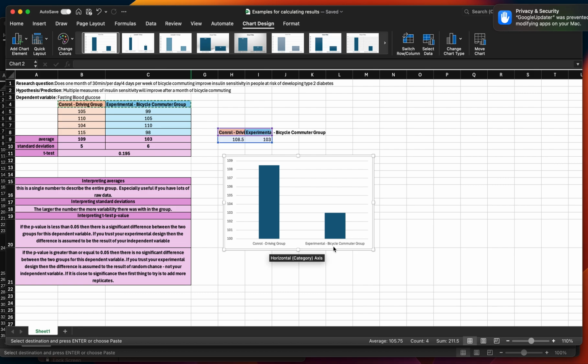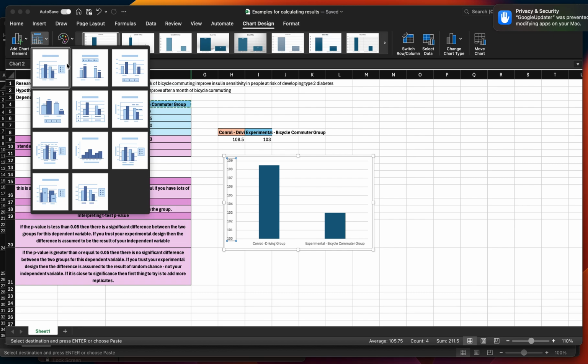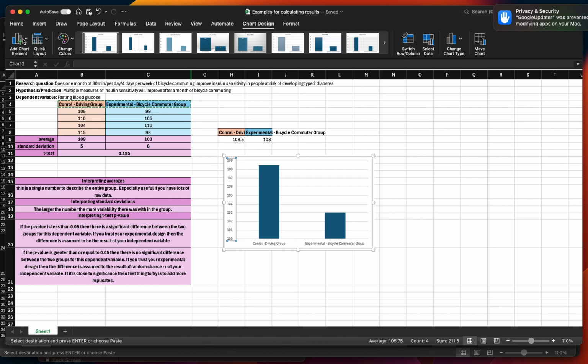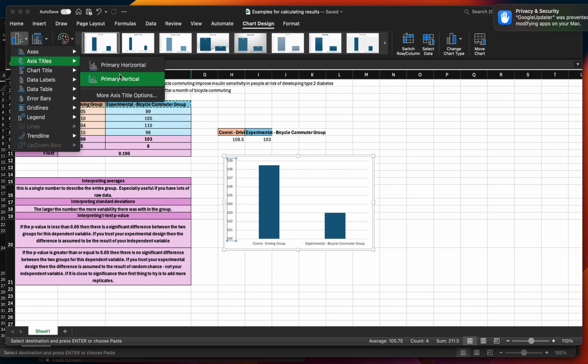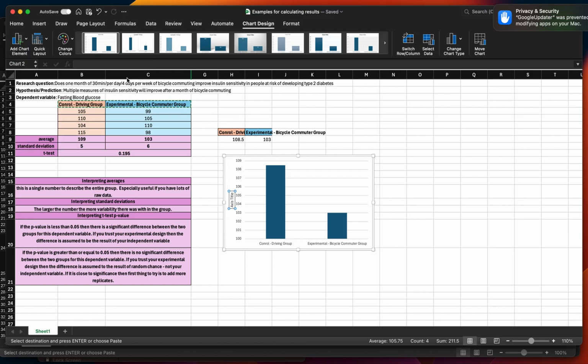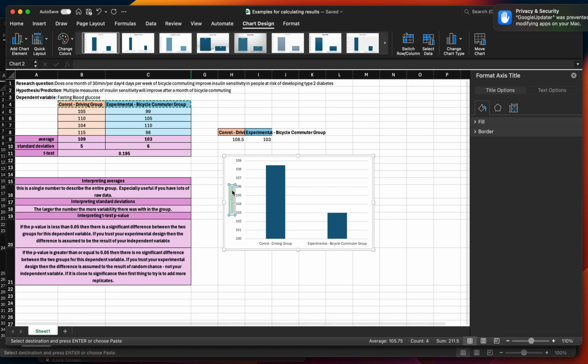All right, they're already labeled nicely on the x-axis, but I need a label on my y-axis because otherwise I don't know what the heck these numbers are. Add chart element, axis title, vertical. This is fasting blood glucose.